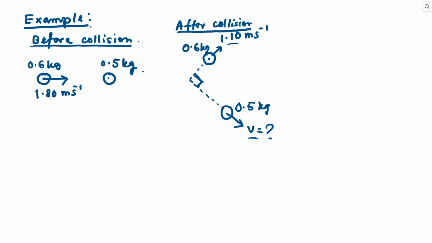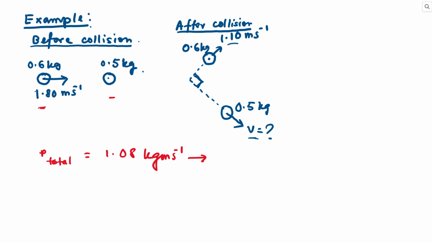Here I have taken the same example as I used earlier for conservation of momentum, because previously we have already worked out the total momentum of this system. As you can see, before the collision, we have the 0.6 kg mass, which is moving at 1.8 meters per second to the right, and the 0.5 kg mass, which is stationary.